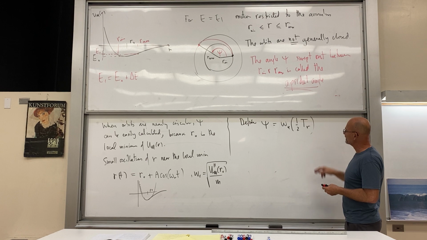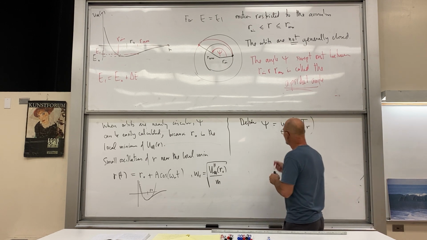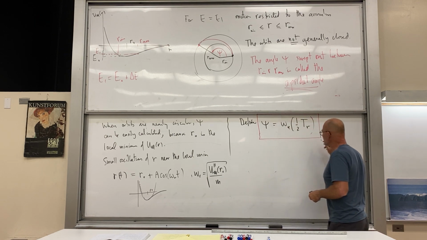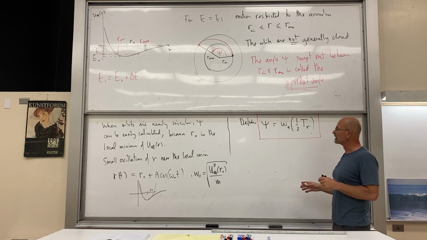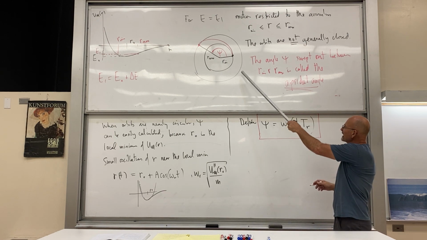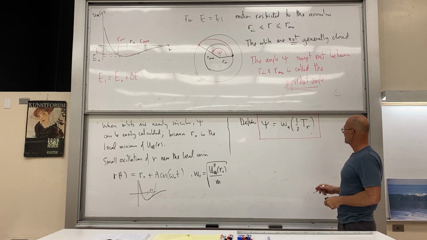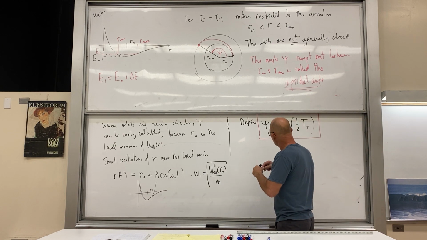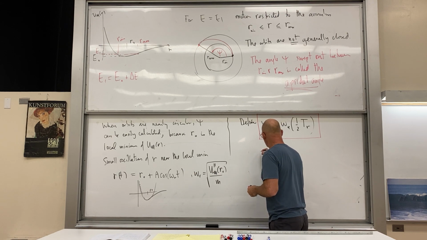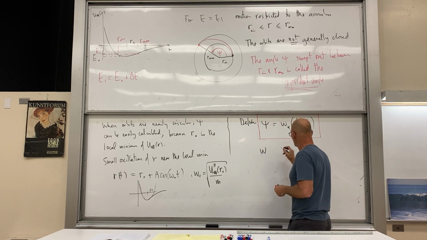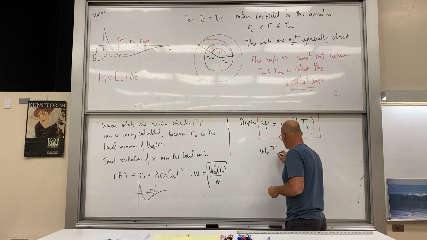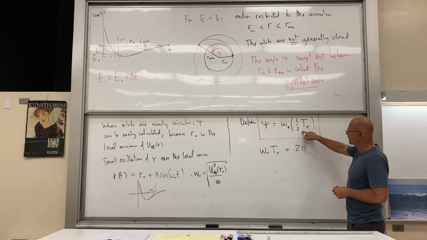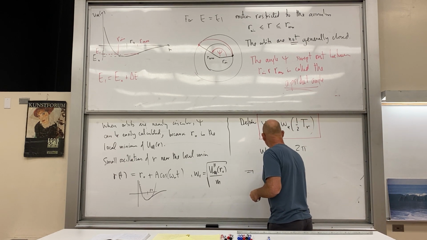So we just combine those two: omega sub phi times one half T sub r. That gives us the apsidal angle, and it is as accurate as you would ever need for these slightly perturbed orbits. So we take it as a definition. Because omega sub r T sub r is equal to 2 pi, just on general principles, we can write this in a different way.